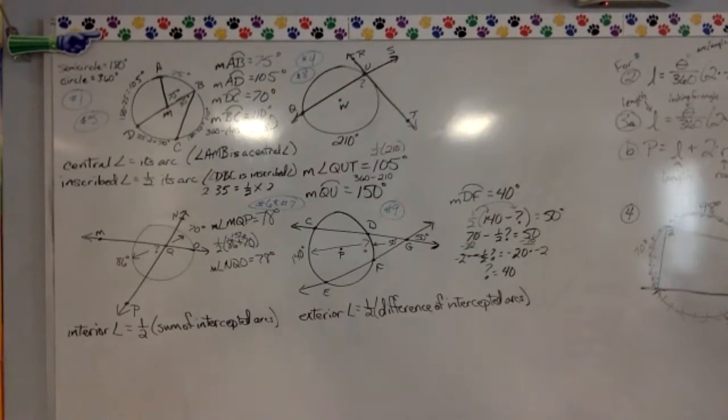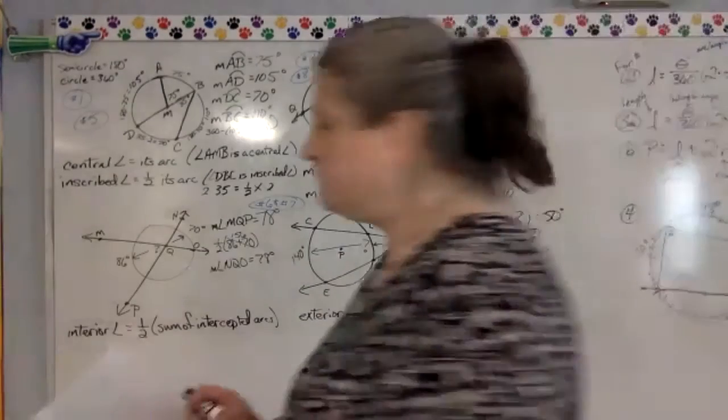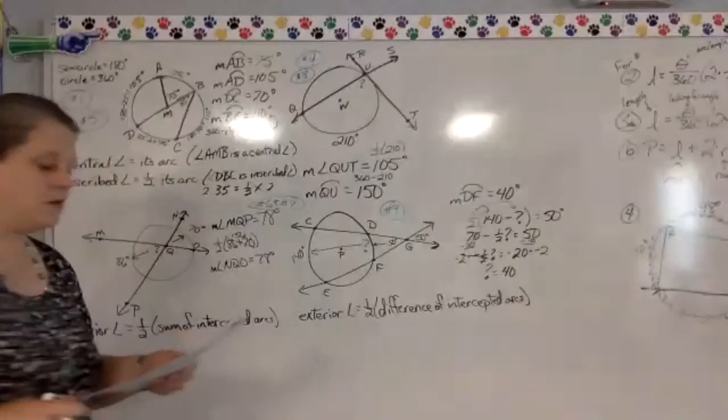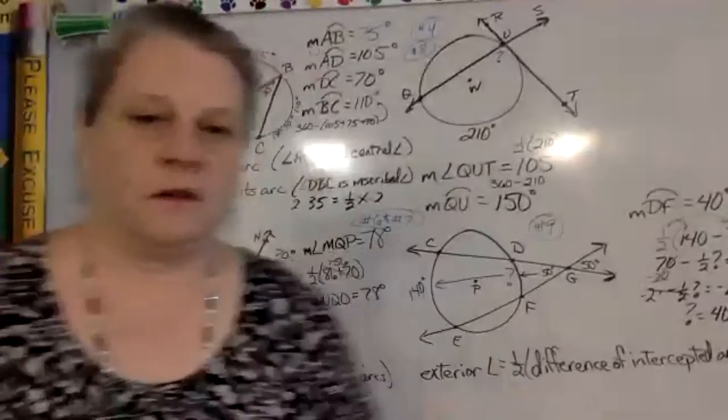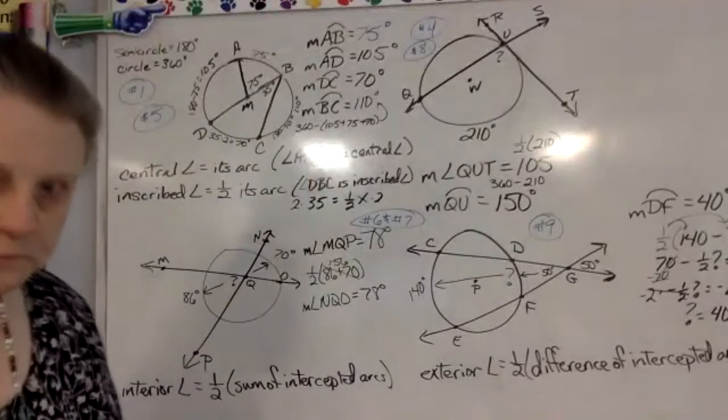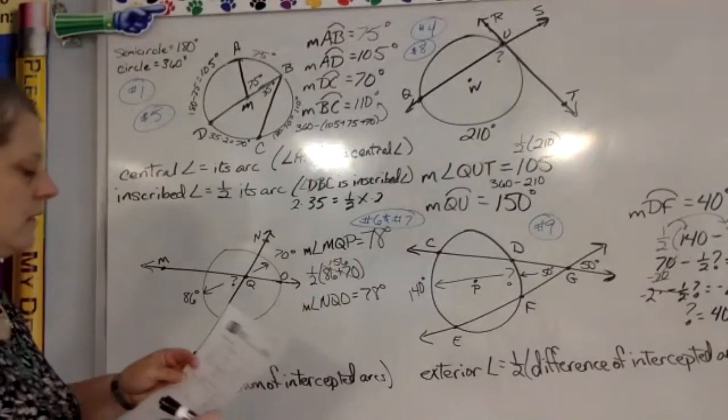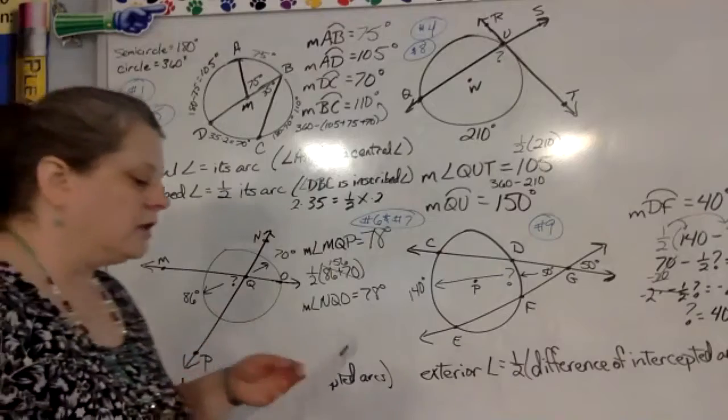All right. So for what we were talking about yesterday, with these angles, for number 1, I'm going to scoot closer. Okay, for number 1, it said find each arc measure.